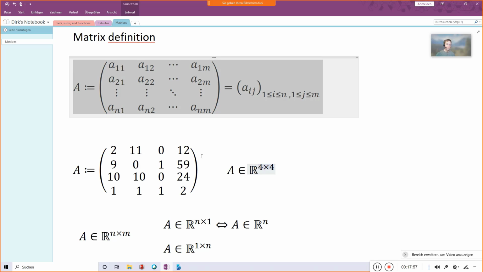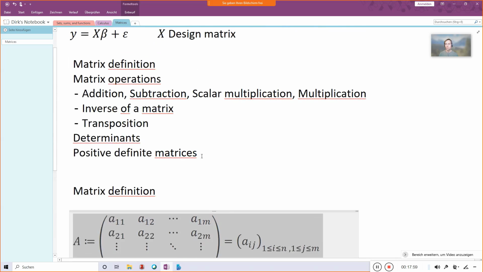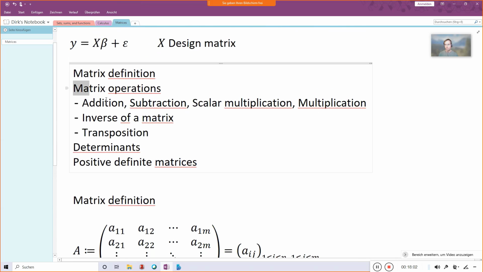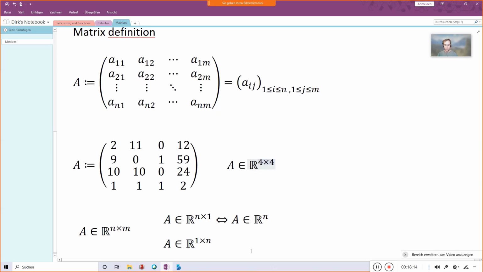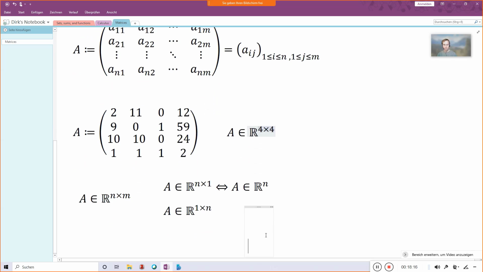Hence we want to talk about the operations that can be performed on matrices. So that's our next topic, and we start with addition, subtraction, and scalar multiplication, because they are the most straightforward of these.